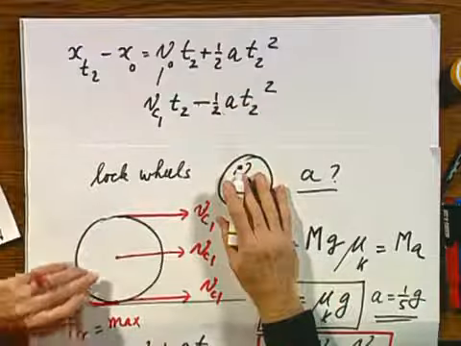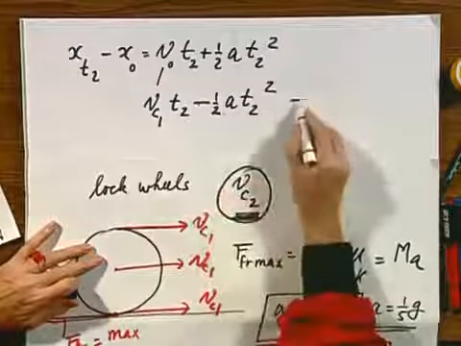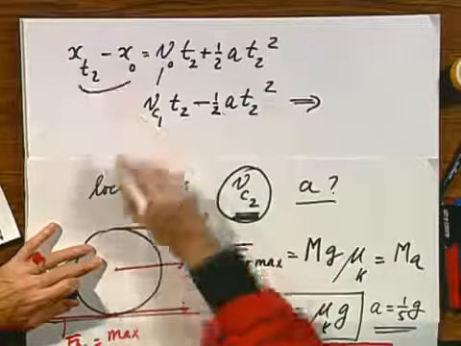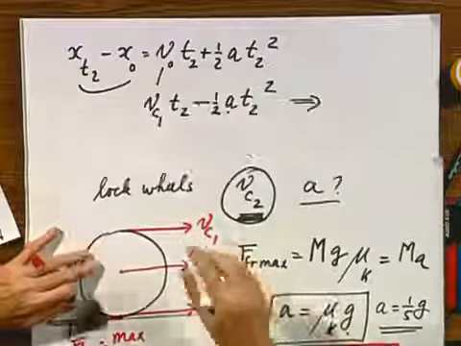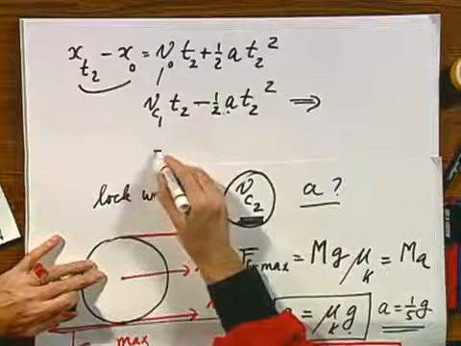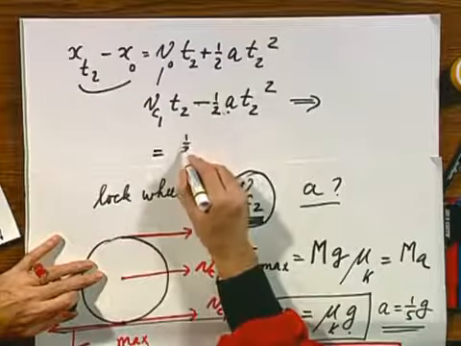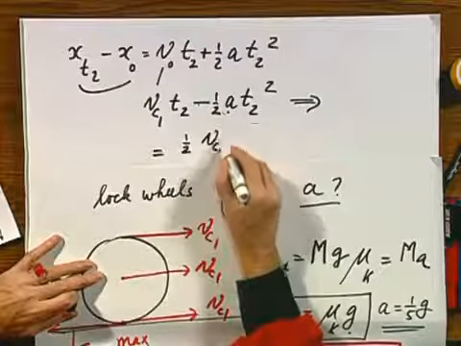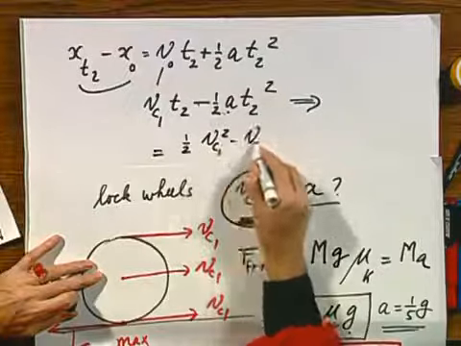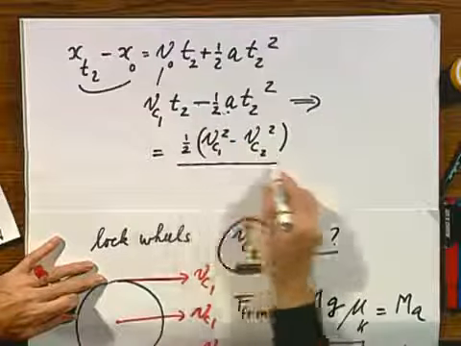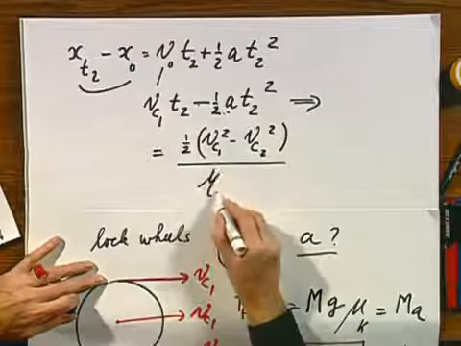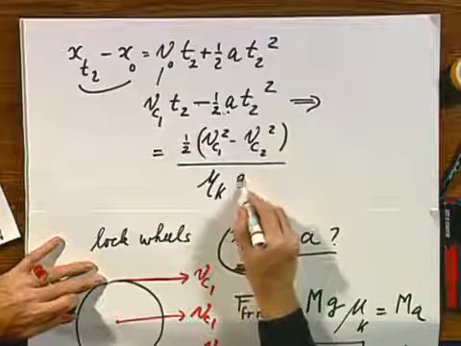I know what a is, I've just calculated a, so I find that the distance traveled equals 1/2 times vc1 squared minus vc2 squared, divided by mu k times g.